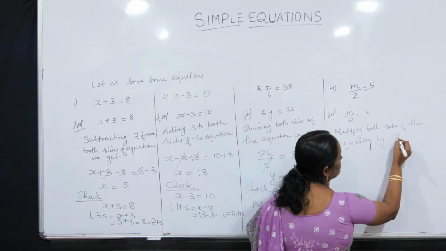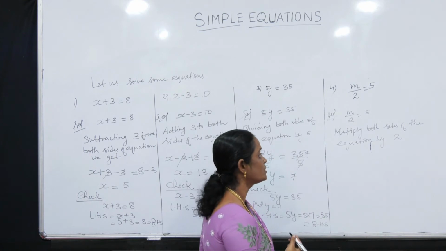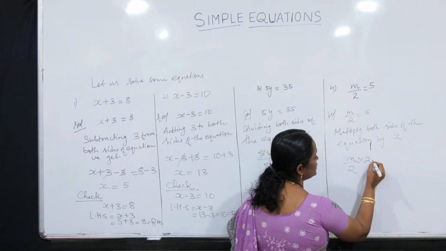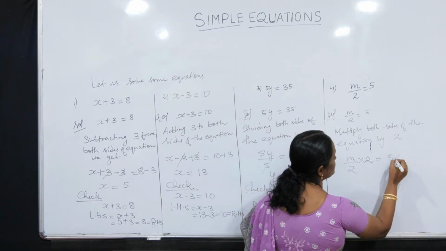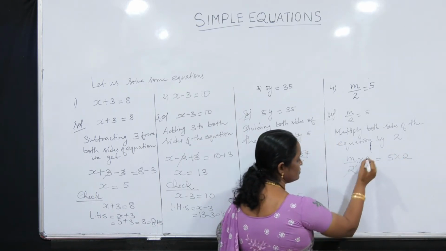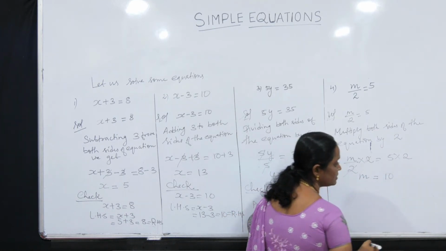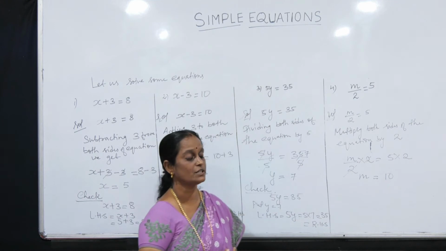Multiply both sides of the equation by 2. We get m by 2 into 2 equals 5 into 2. So here the 2 will cancel. m is equal to 5 times 2, which is 10. The solution to the equation is m is equal to 10.